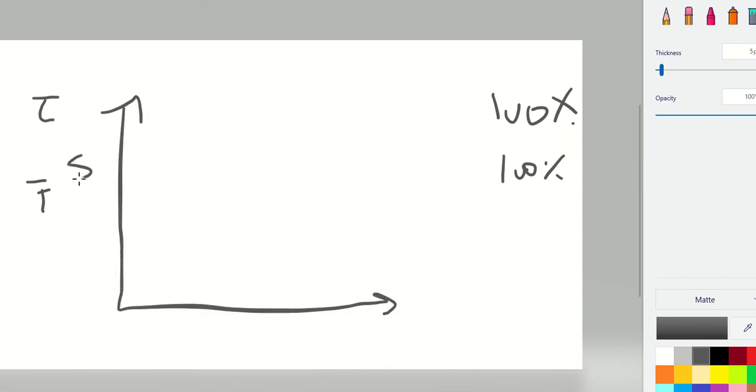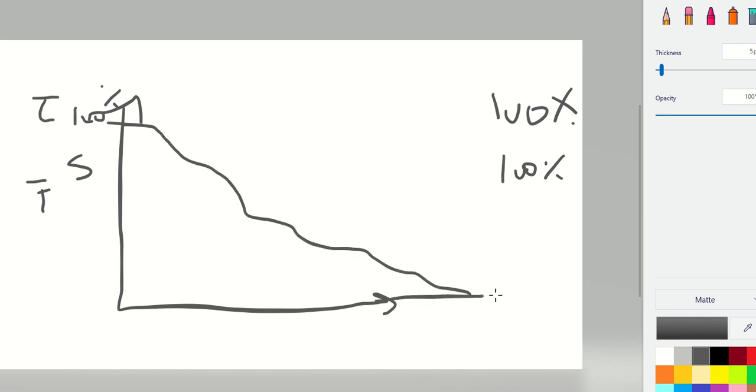So that's the survival. You start with everybody being alive, so your survival is 100% at the beginning. It starts dropping till it reaches, for example, 0. If this is for those that are not treated, you would hope the treated would have something that looks like this.